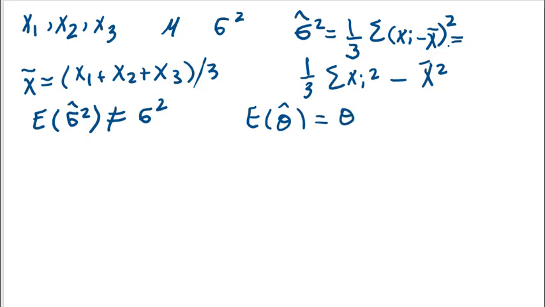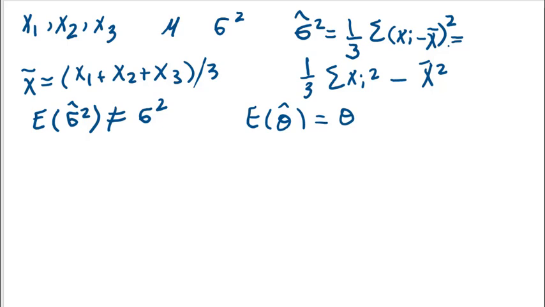Now, here we want to say that the expectation of the estimator for sigma square is biased. So the expected square distance from the mean is the sigma hat square.